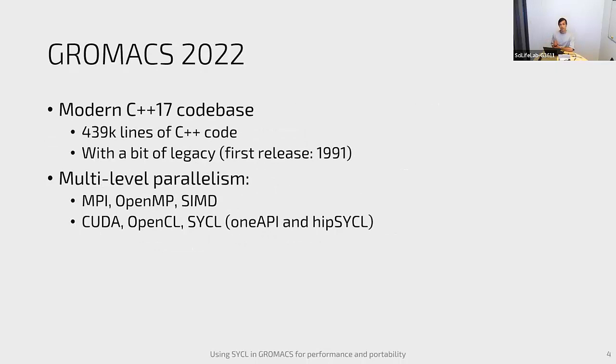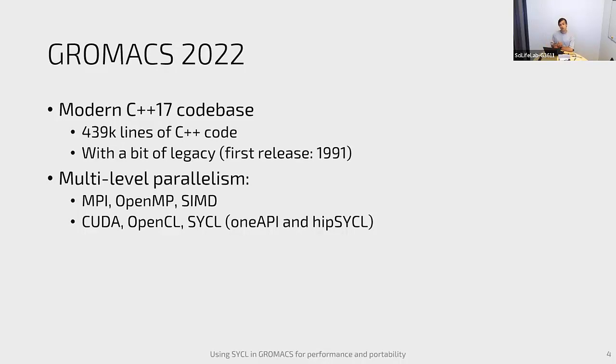To do all of that, we require quite a lot of code, namely almost 500,000 lines of it. And this project has been going for more than 30 years already. So while we try to keep things modern, up-to-date and clean, of course, we do have quite a bit of legacy.